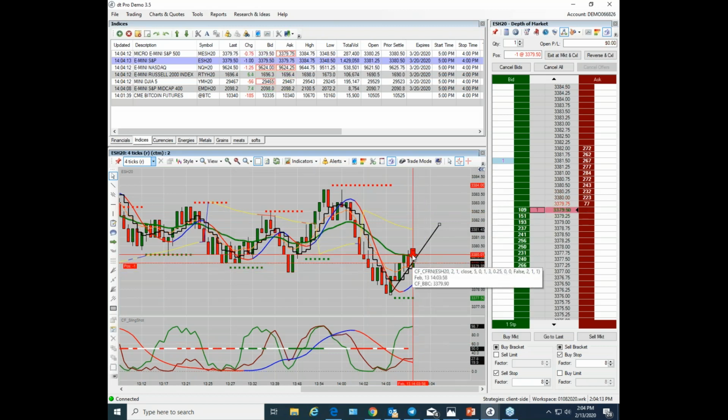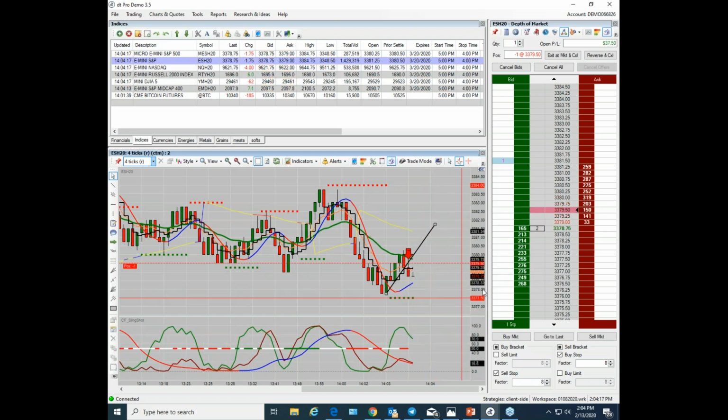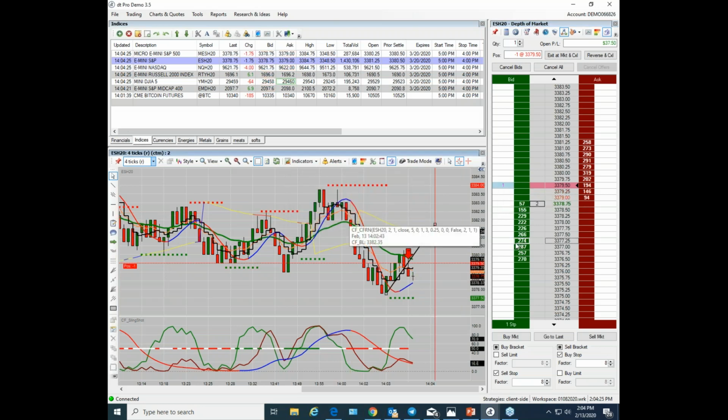See, when I left clicked, it put a red arrow in there. So you don't have to do any of those ellipses or stuff like that. Stop at break even.